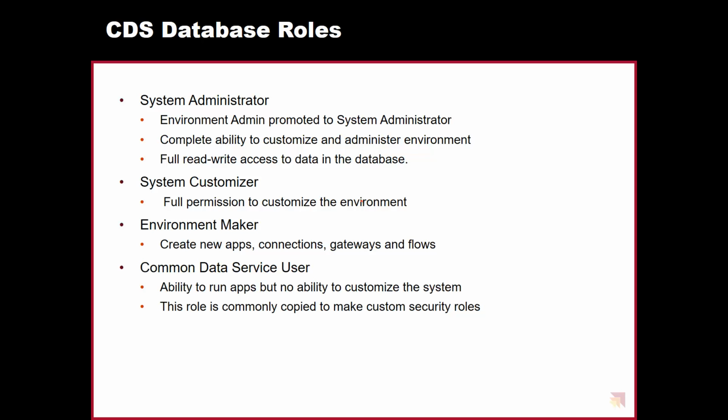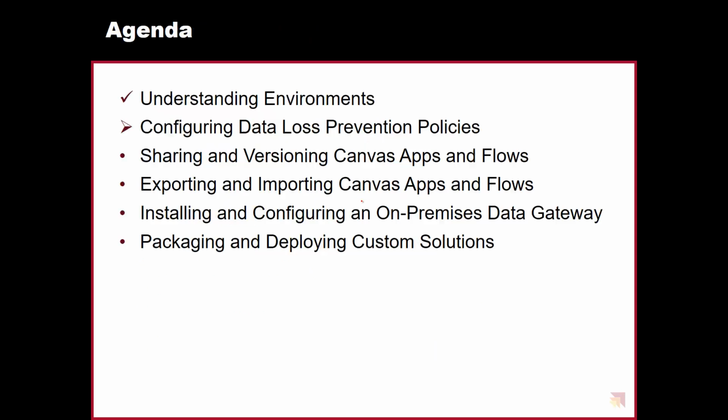So what's very common when you're going to create your own custom roles is that you take a copy of the Common Data Service User, and then you customize that for your custom role. Okay, there's one other specialized role called Delegate, which gives you the ability to run something on behalf of a particular user.